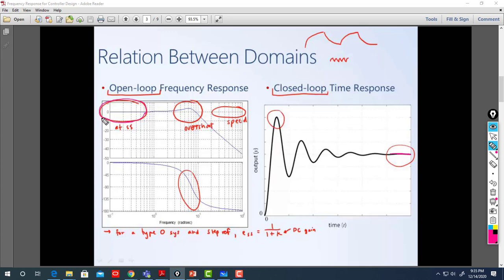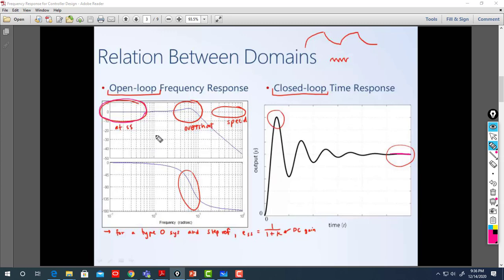So the first link between closed loop time response and open loop frequency response is to know that improving the gain will reduce the steady state error. You remember your complementary sensitivity and sensitivity functions, right? And remember we are planning to design a controller.